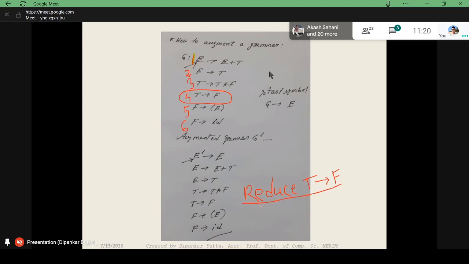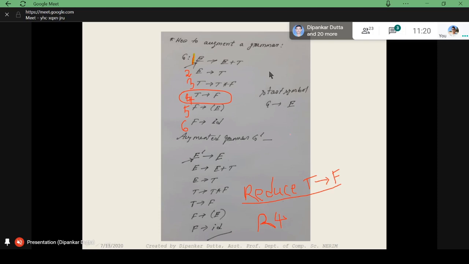And also we can write R from the reduce, and T implies F. The number of this production is what? 4. So R4. Okay? 4 means this production.